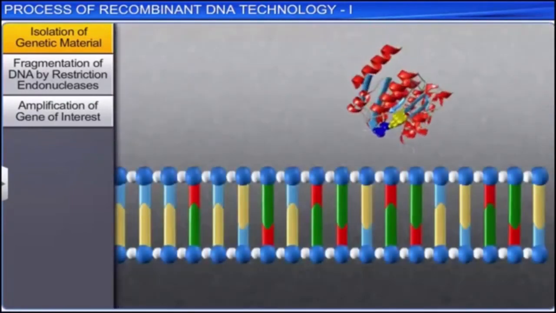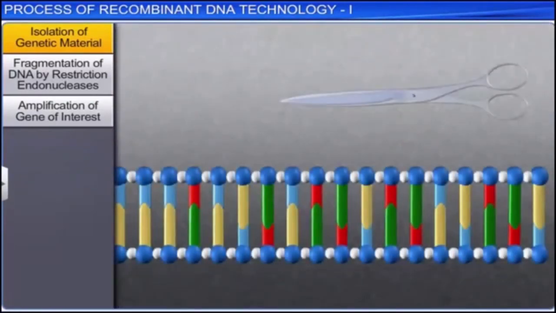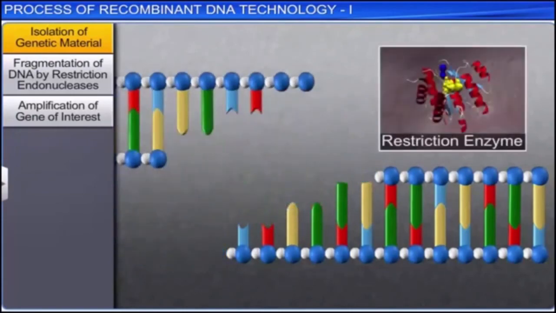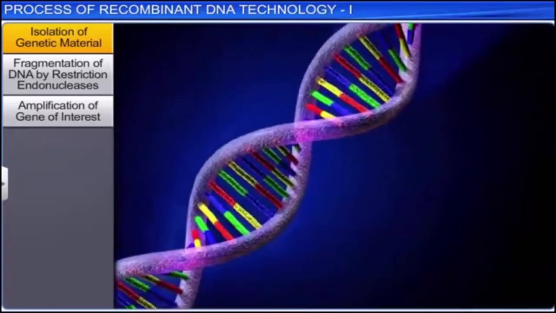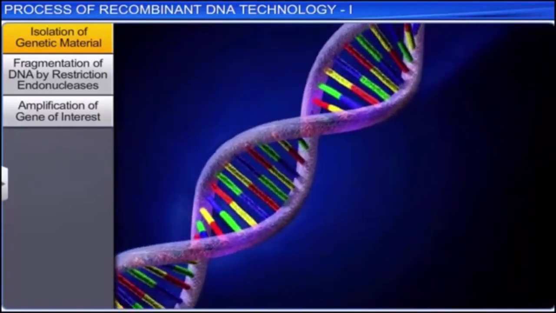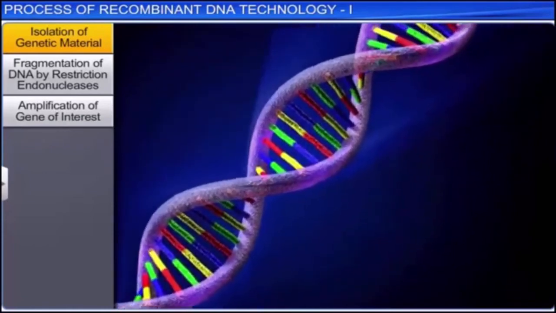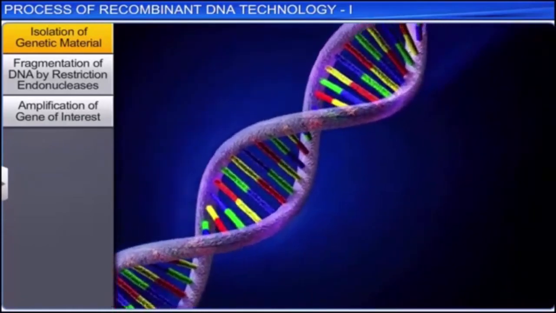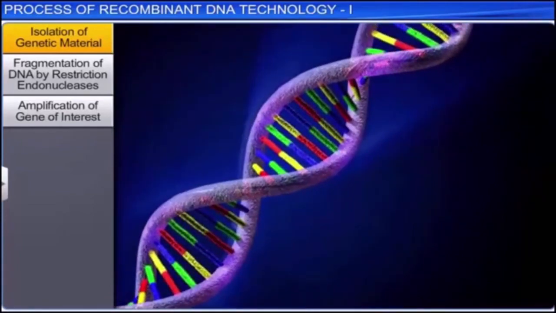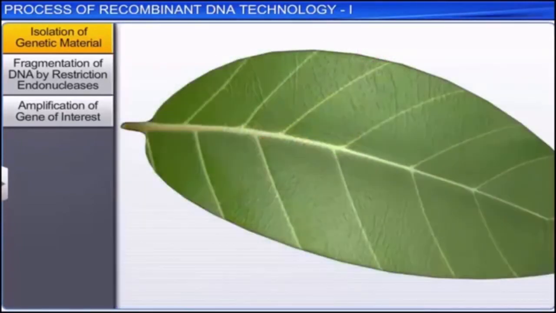Then, this piece of DNA is cut using restriction enzymes. To cut with restriction enzymes, the DNA should be in a pure form. That is, it should be free of macromolecules. To obtain DNA, a sample of cells is generally blended or ground thoroughly.